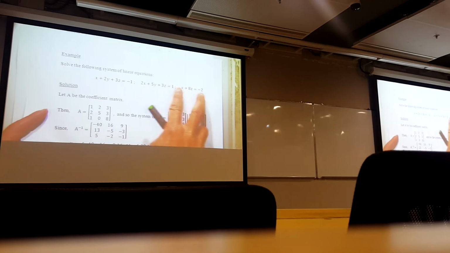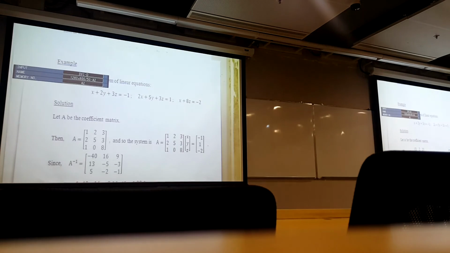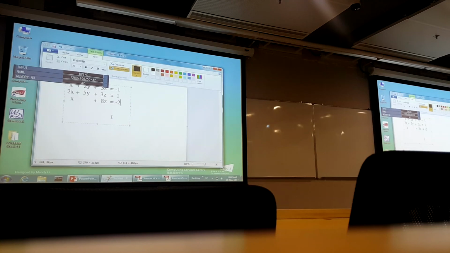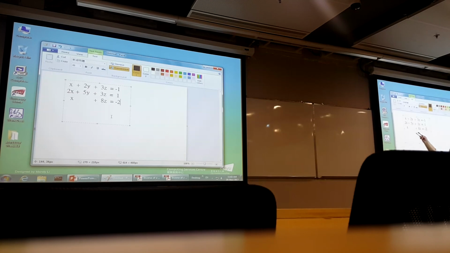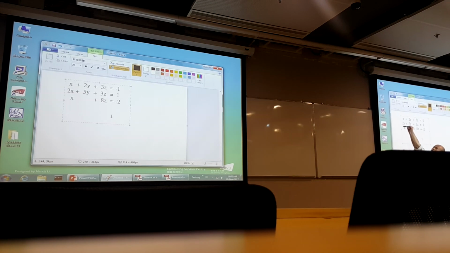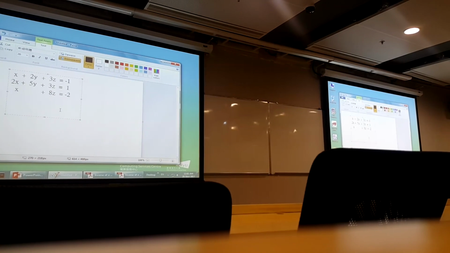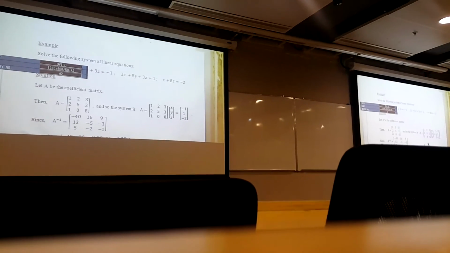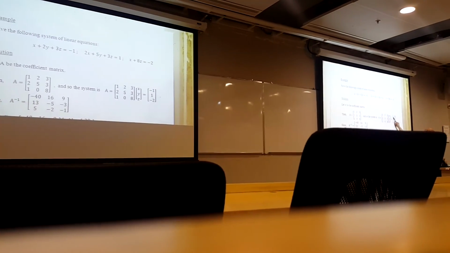By reading the equations, make it up like this system, and then from here form the coefficient matrix and the column matrix, and then put it into this form: coefficient matrix, variable column, and then constant.